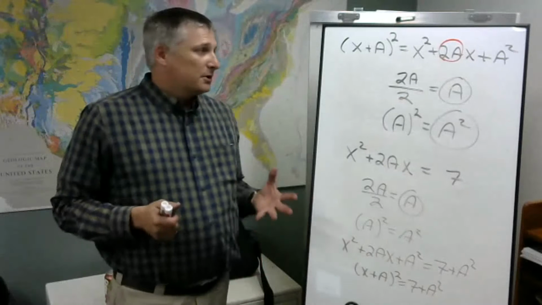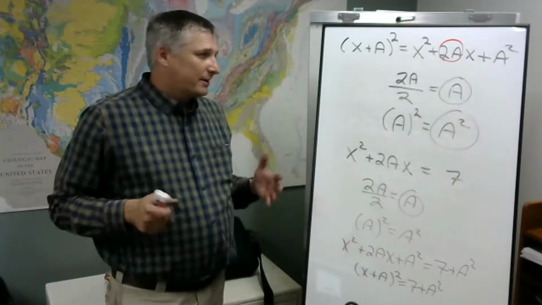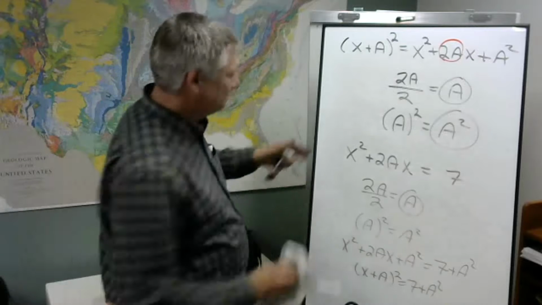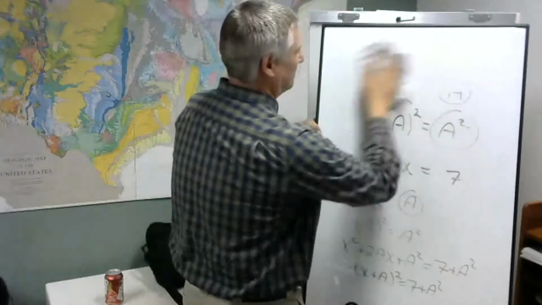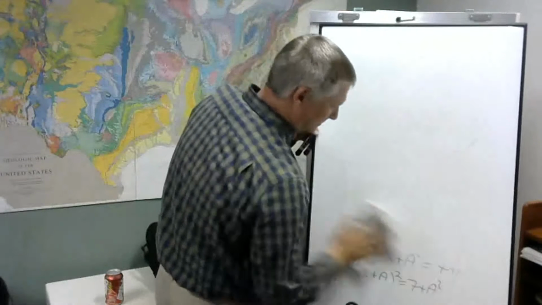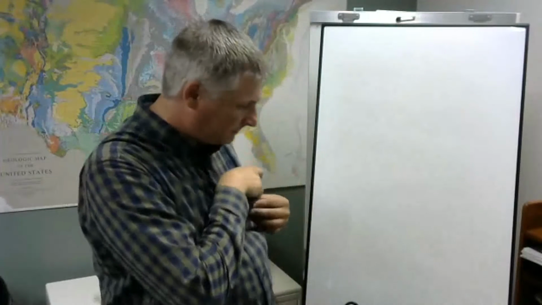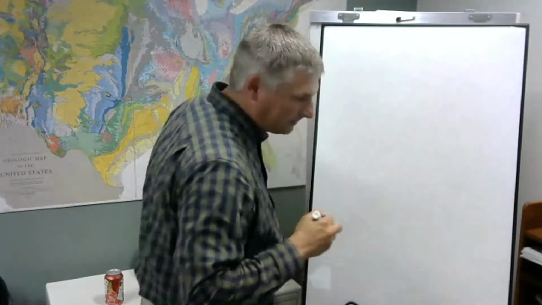So what we're going to do is use this completing the square to come up with the standard form for these circles. So let's say we have something like this.